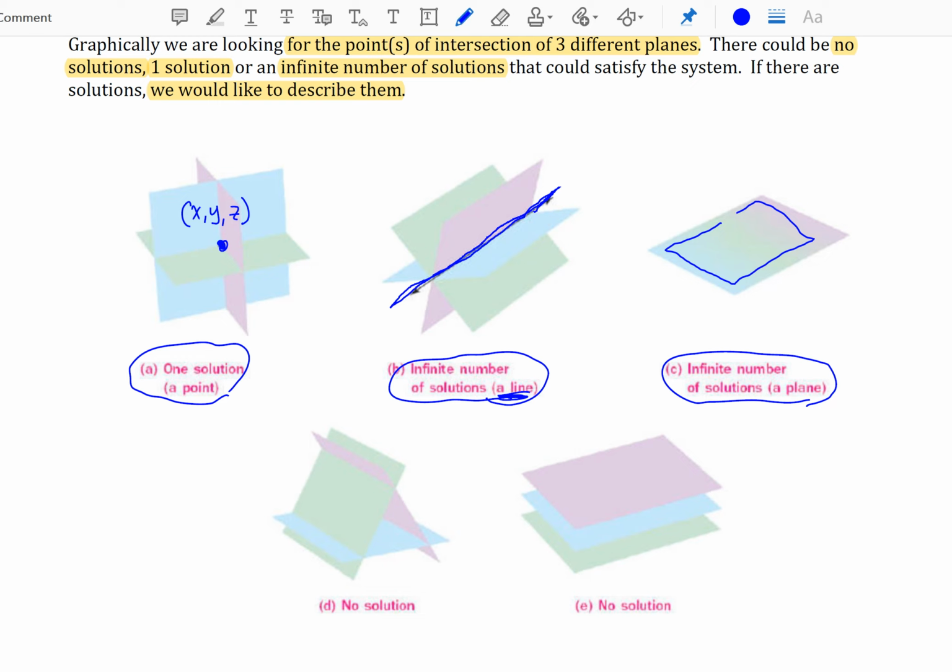They all live right on top of each other. In which case, the intersection would be the entire plane, and we again have an infinite number of solutions. Scenarios where there would be no solution would be when the planes do not all intersect at a single point, or maybe if the 3 planes are parallel planes.